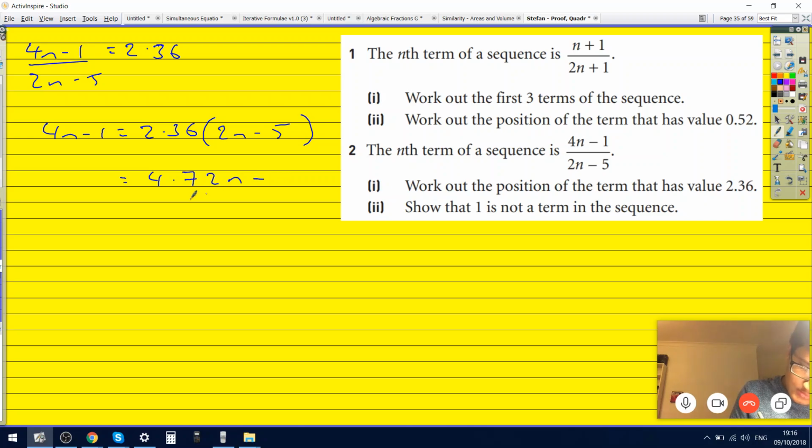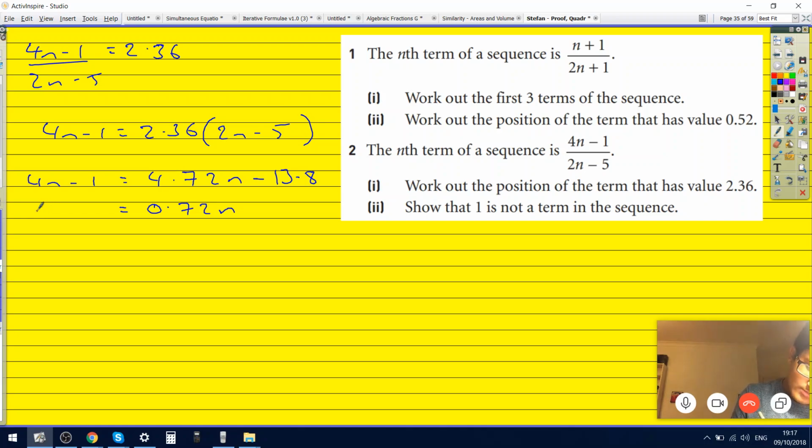I think it will be 13.8, minus 13.8. So we have 4n minus 1 equals 4.72n minus 13.8. We can say that 0.72n is equal to, take the 4n to that side, then we take minus 1 plus 13.8.